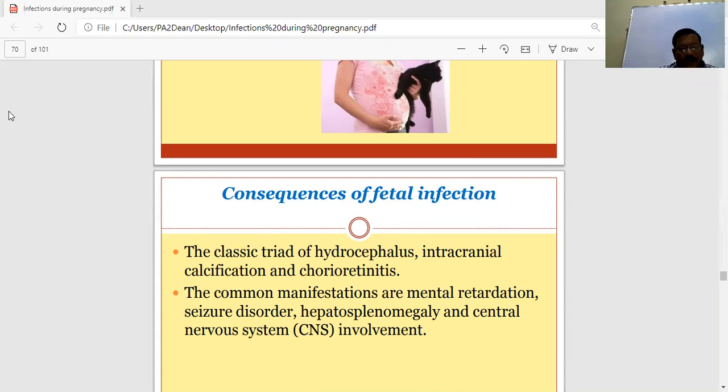The classic triad of hydrocephalus, intracranial calcification, and chorioretinitis are the common results of toxoplasmosis. So we must be very careful in treating toxoplasmosis as early as possible. The common manifestations are mental retardation, seizure disorder, hepatosplenomegaly, and central nervous system involvement.